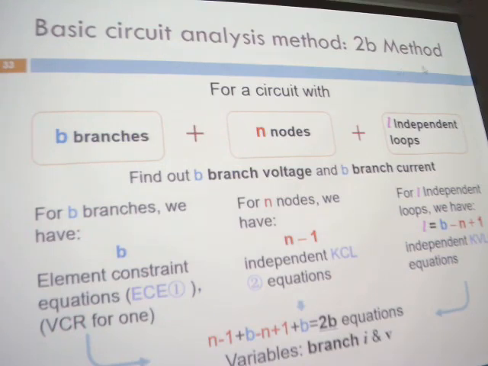From the number of equations, we have 2B equations, so this method is called the 2B method. For this method, our variables are not I and V anymore. They are the branch I and branch V, so we need to suppose a branch I or a branch V before we do this.